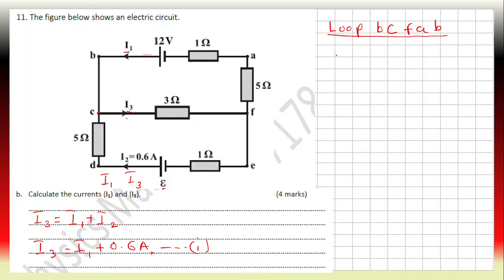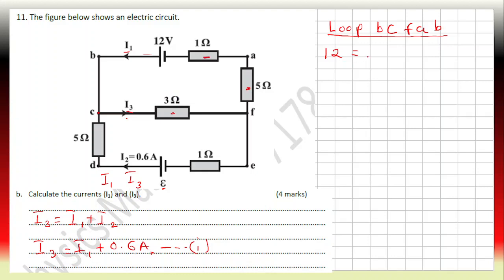Kirchhoff's second law. What does it state? We only have one electromotive force here. So the sum of the electromotive forces, or these 12, should be equal to the sum of the potential differences in the circuit. The potential differences in this case will be the voltage through this, the voltage through this, and the voltage through this.